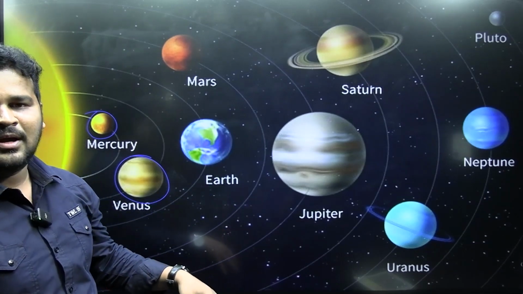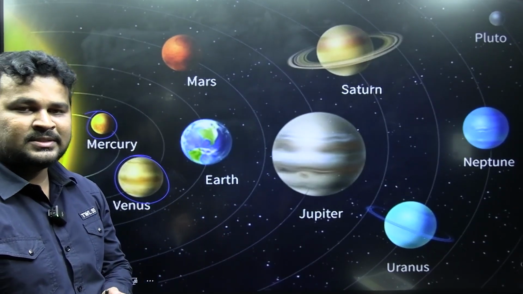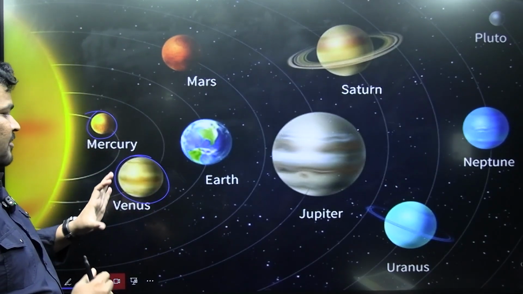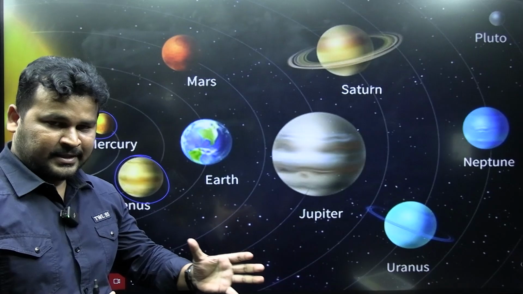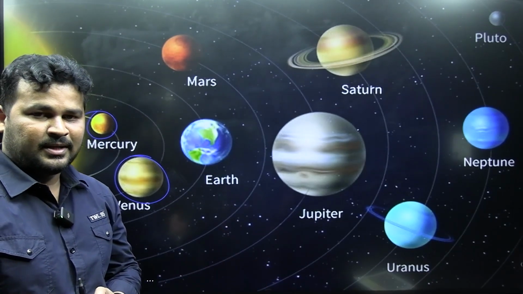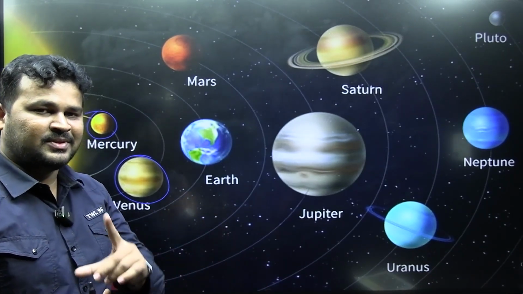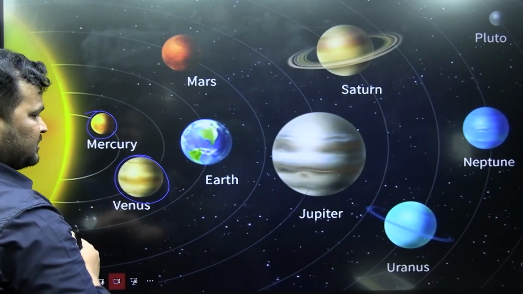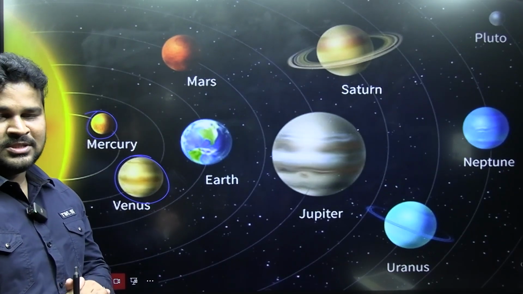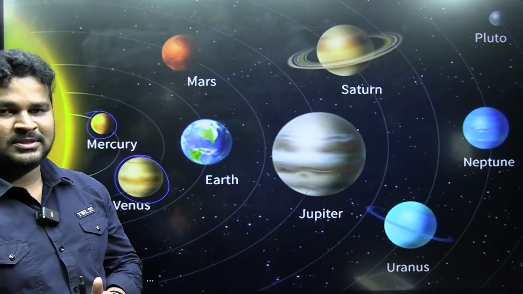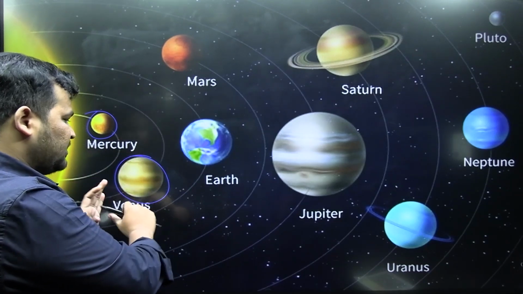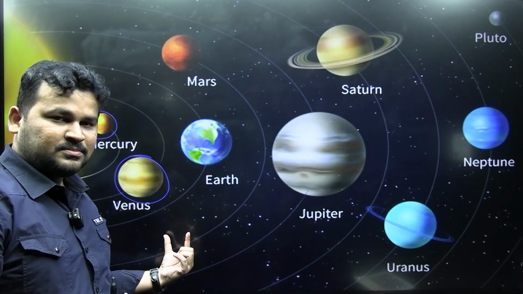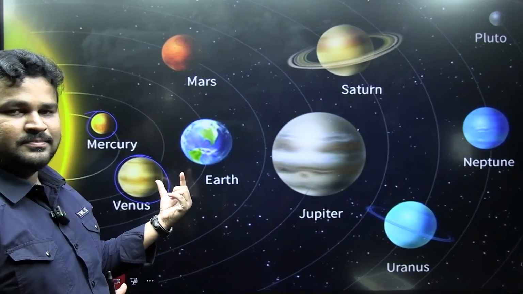But according to the data given by NASA and other scientists, Venus is the hottest planet, and also the brightest planet. That's the thing you have to remember. This Venus is known as bright star, evening star, morning star. These are the other names of Venus.